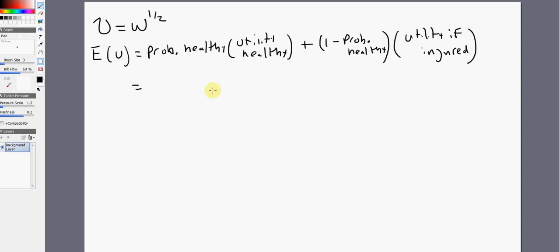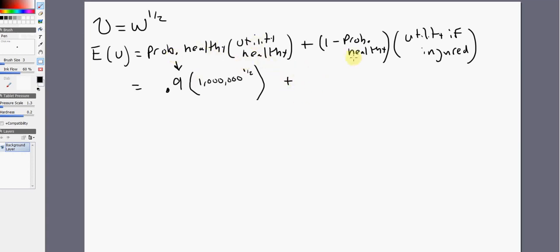So in our problem, there's a 90% probability that the golfer will be healthy. So that's 0.9. If the golfer is healthy, he will earn $1 million. Let's evaluate the utility function at $1 million. Okay, so that's the first part of this.